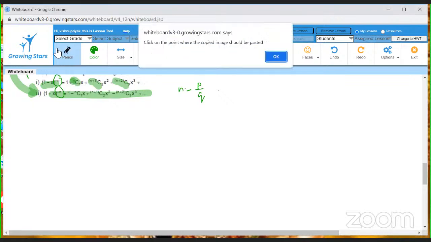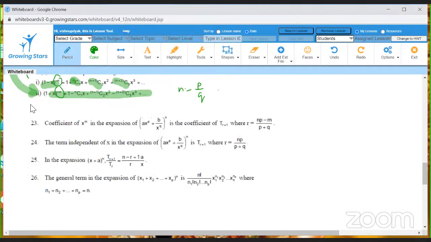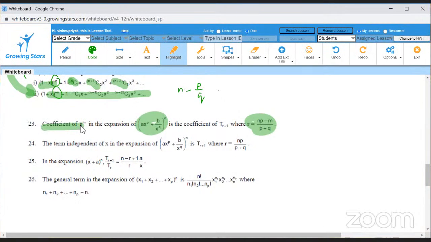These are shortcut ones. The formulas which I am writing are shortcuts. You can go through these shortcut formulas. When the expansion is of this form, then r can be taken like this. And the coefficient of x^m will be the coefficient of T(r+1).